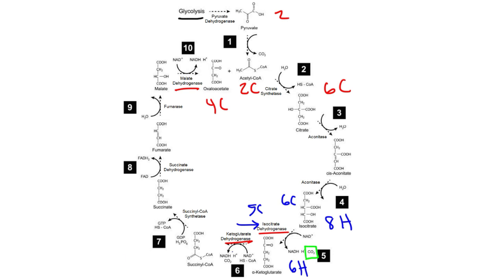In step 6, we have the use of a dehydrogenase enzyme. This is alpha-ketoglutarate dehydrogenase. And we're going to take away hydrogen from alpha-ketoglutarate to make succinyl-coenzyme A. So we have a total of 6 hydrogen atoms there. In succinyl coenzyme A, there's 5.